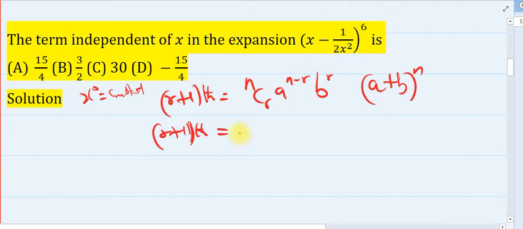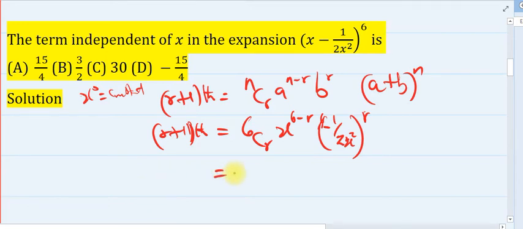So our n is 6. We don't know r, but our a is x, so x to the power 6 minus r, and b is minus 1 over 2x squared, raised to power r. So let's expand some of these.